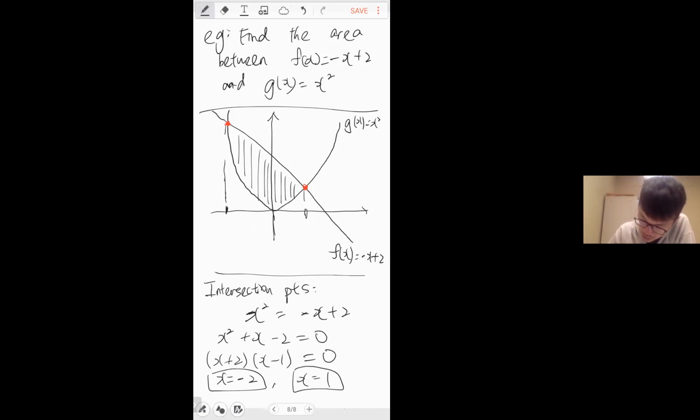And so this means this is negative 2 and this is 1. Does it make sense? Is it okay? Any questions?